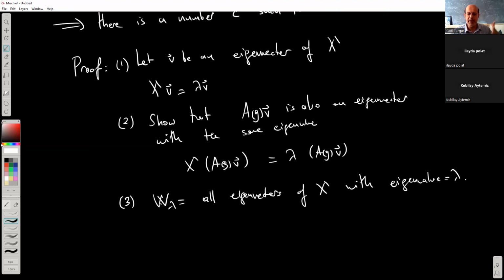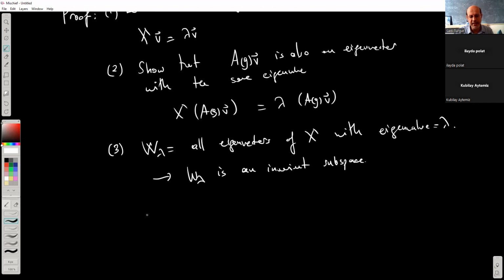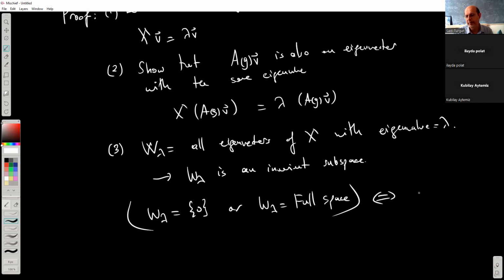So step 2 implies that this subspace W lambda is an invariant subspace. And number 4 is that W lambda is either 0 or W lambda is the full space. Basically, that's the definition of irreducibility: A is irreducible.